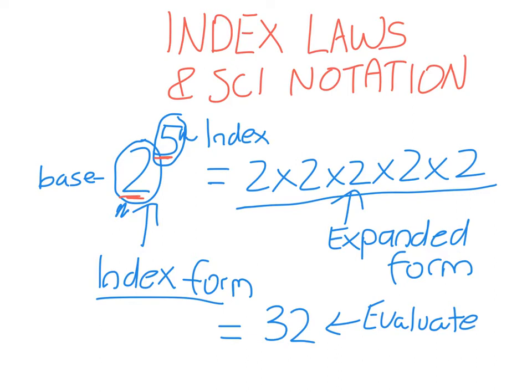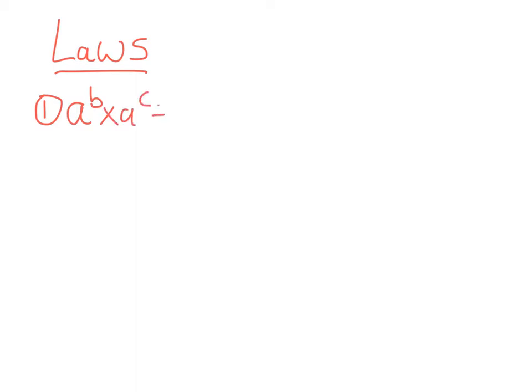Okay, now we're going to look at the index laws. There are 6 index laws that you need to know. Make sure you understand that all of these laws involve a combination of multiplying, dividing, and raising to a power, not adding or subtracting. The first law: if you multiply bases together, you keep the same base, and you add the indices together.